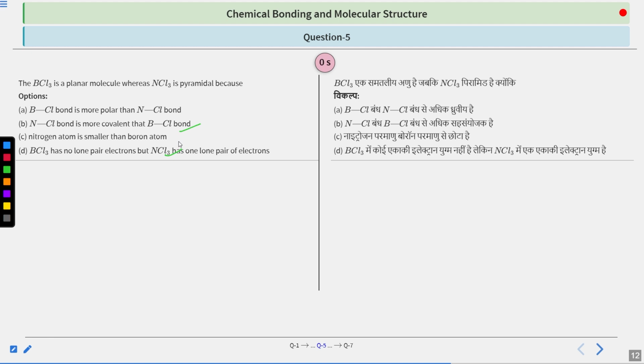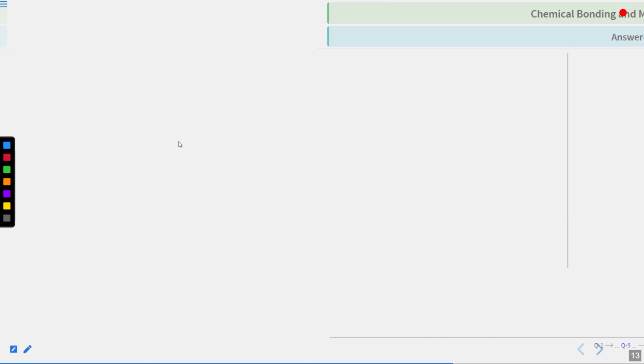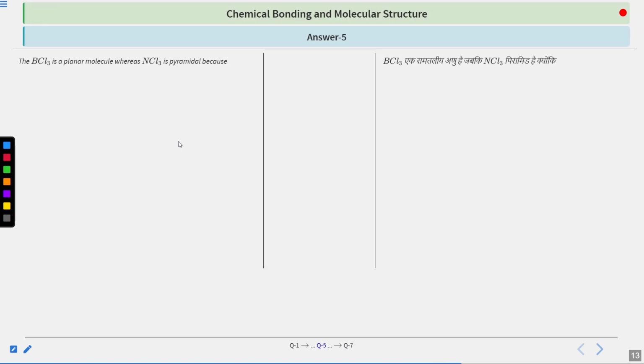Okay, let us see how we can solve it. So we have to see why BCl3 is planar shape, and why NCl3 is pyramidal shape. For those who have solved, the correct answer is D. As there is no lone pair on the boron of BCl3, this will be the structure.